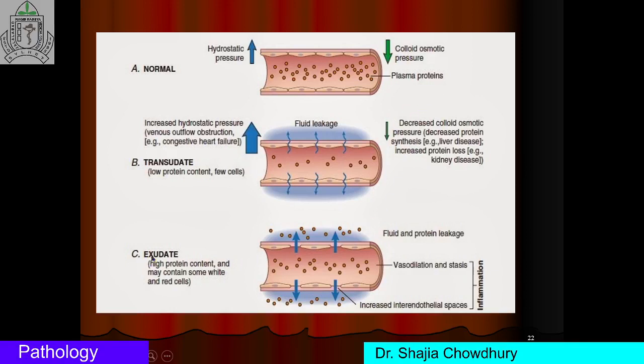And in case of exudation or exudate, there is high protein content, and it may contain many white cells and dead cells, as immigration occurs. Due to vascular leakage, vasodilation occurs and increased vascular permeability causes increased interendothelial space, the space between two endothelial cells, and formation of endothelial gaps.